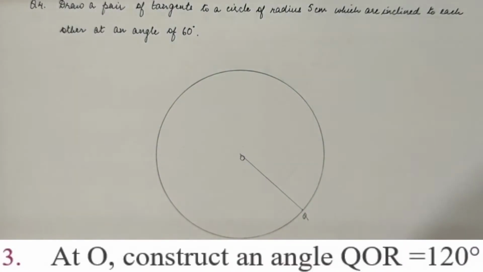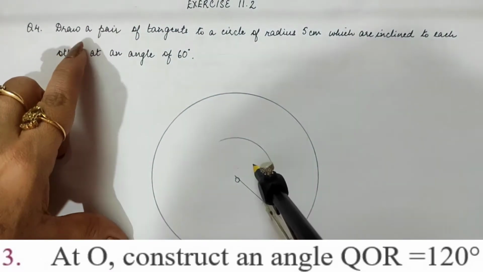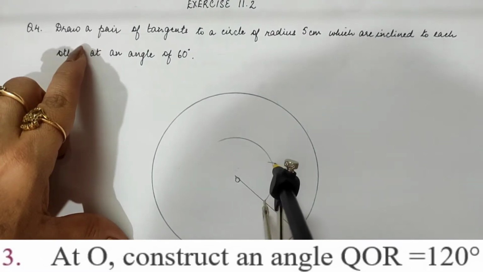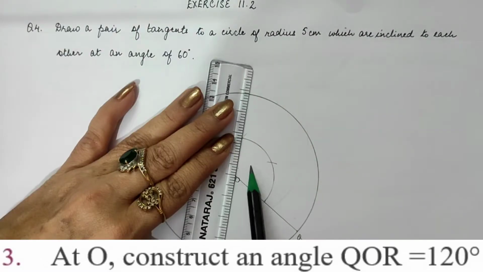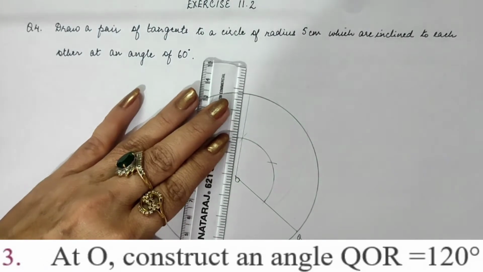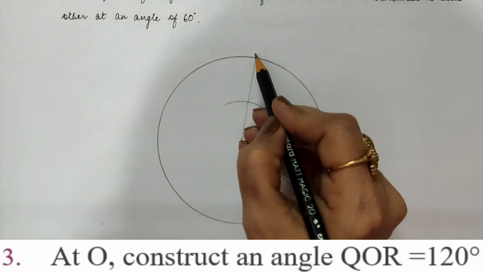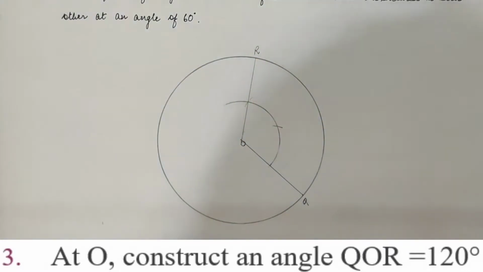After joining OQ, at point O, I will construct an angle of 120 degrees. So this is the 120 degree angle constructed. QOR equal to 120 degrees.